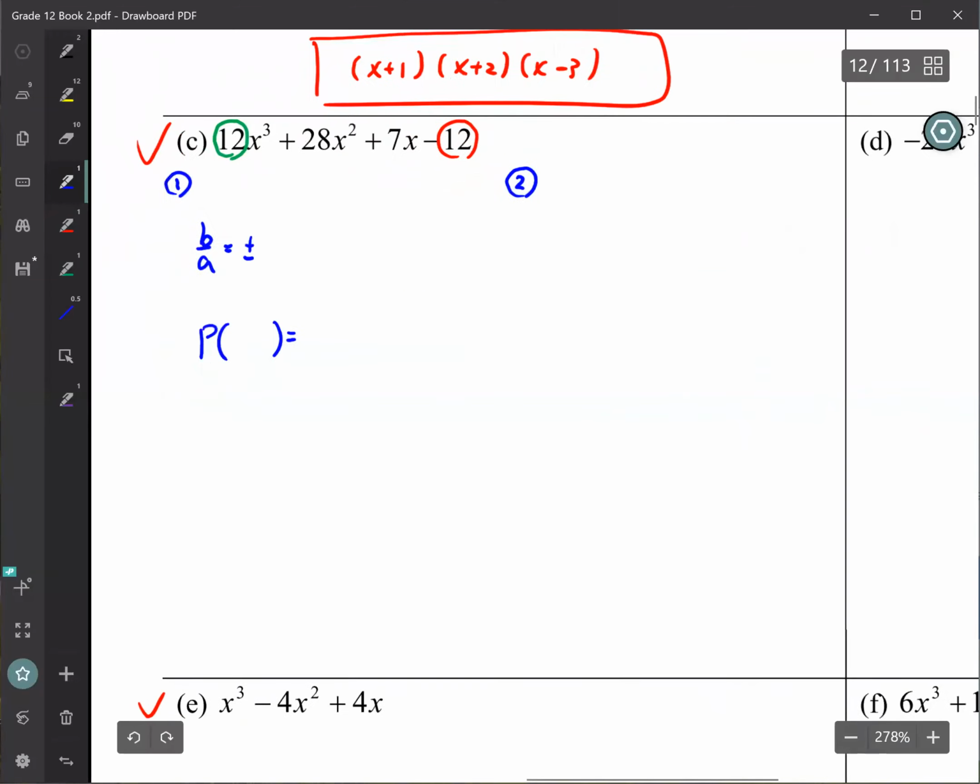Please raise your hand if you found a number that makes it equal to 0. So for the 12 is 1, 2, 3, 4, 6. What else? And 12, right? That's all.